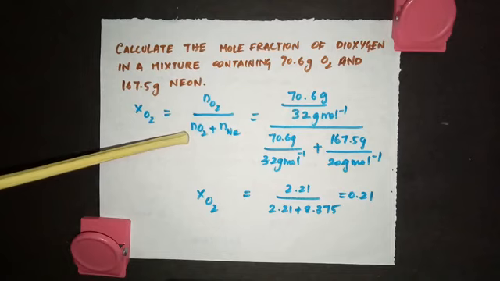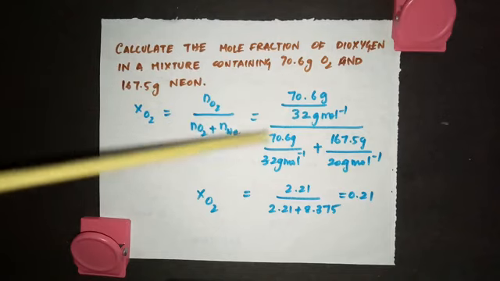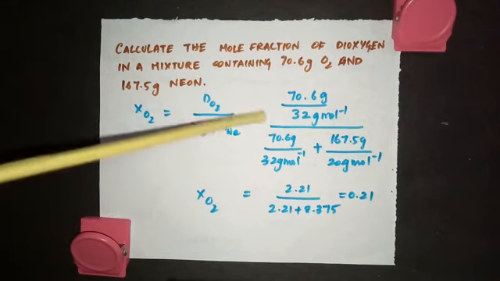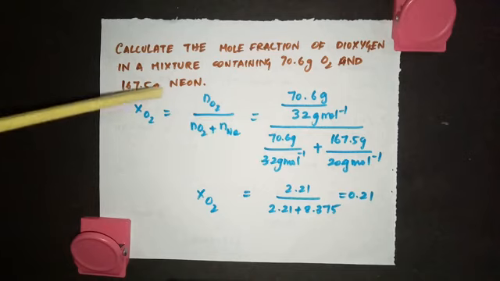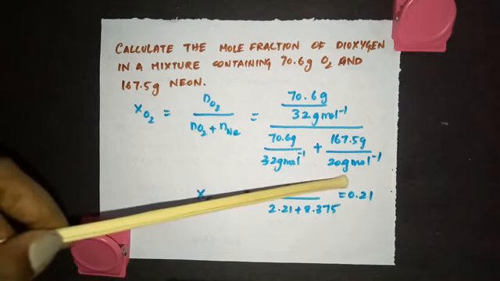Now come to the denominator. Again you have the number of moles of O2, so you can write it as such: 70.6 divided by 32 gram mole inverse, plus the number of moles of neon. How will you calculate the number of moles of neon? Given mass of neon divided by molecular mass of neon, which is nothing but the atomic mass of neon, which is 20.